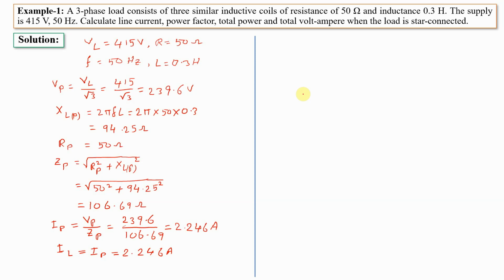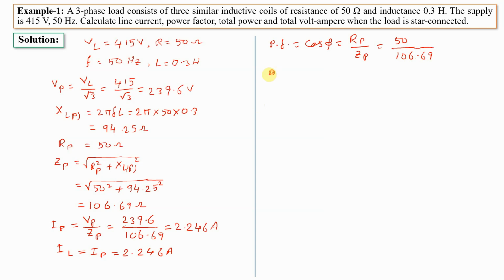Now the power factor of the circuit, cos phi, is the ratio of resistance to impedance, where the resistance is 50 and the impedance is 106.69.